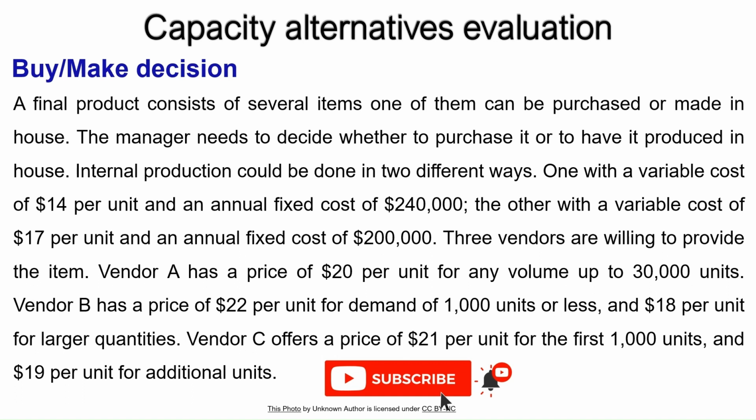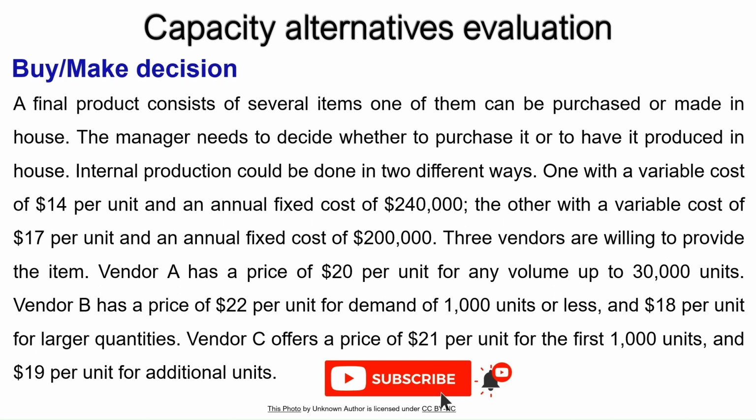Internal production could be done in two different ways. One with a variable cost of $14 per unit and an annual fixed cost of $240,000. The other with a variable cost of $17 per unit and an annual fixed cost of $200,000. Three vendors are willing to provide the item.